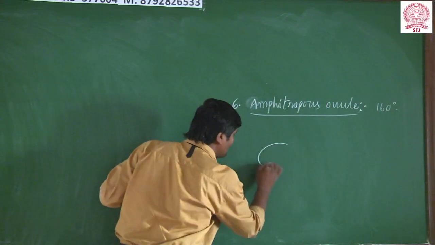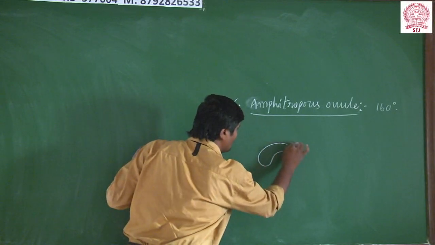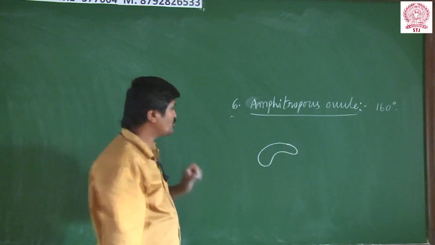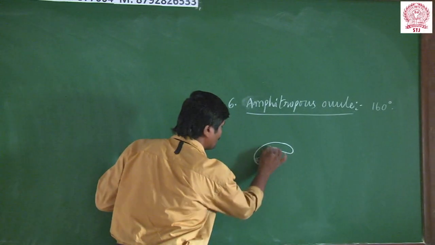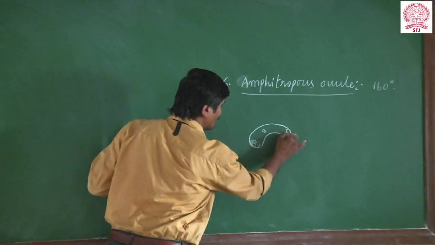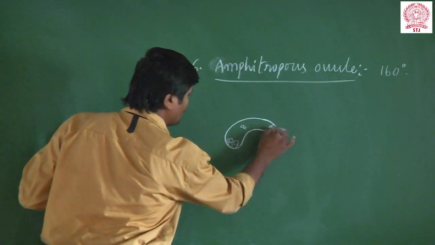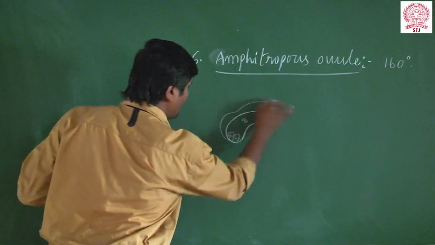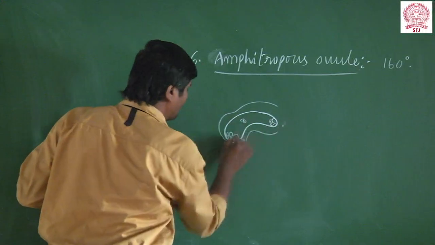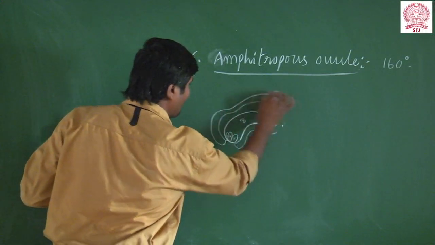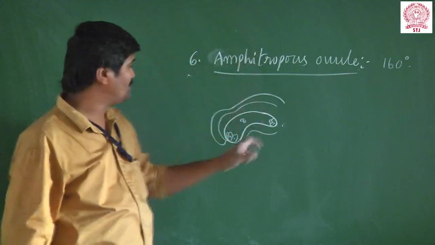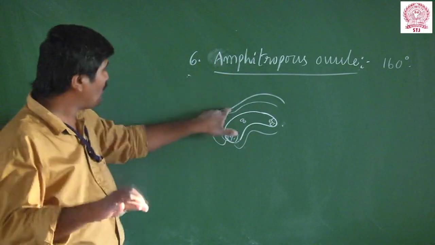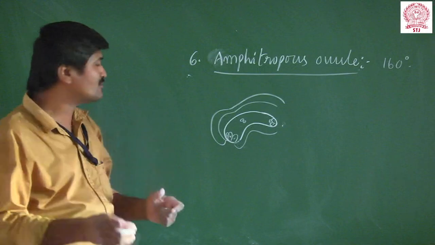Here the embryo sac is also curved, just like a horseshoe shape. Even the ovule body is also curved. In campylotropous ovule, only the ovule body is curved, but here, along with the ovule body, the embryo sac is also curved.